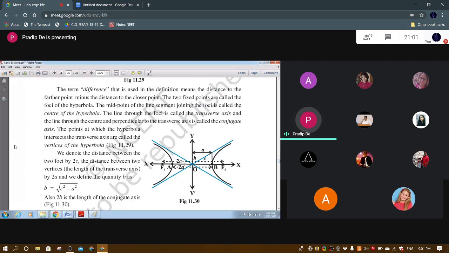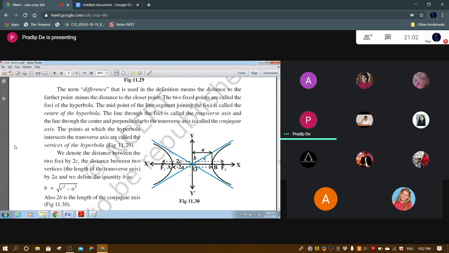This AB, the line AB, do you see? A and B are the 2 vertices. So this line segment AB is the transverse axis. And there are 2 points on the y-axis. Not actually the y-axis; in this case, it lies on the y-axis. It is the line which is perpendicular to AB and passing through the midpoint of AB.